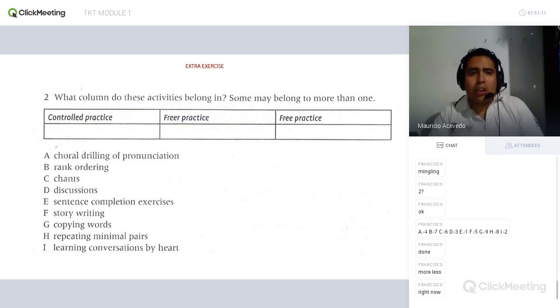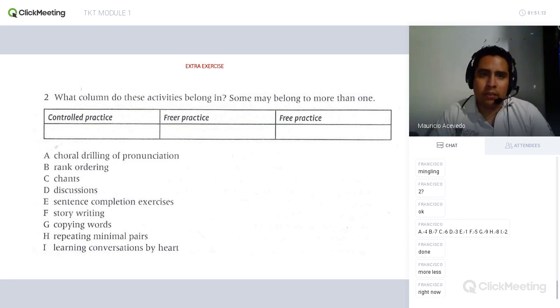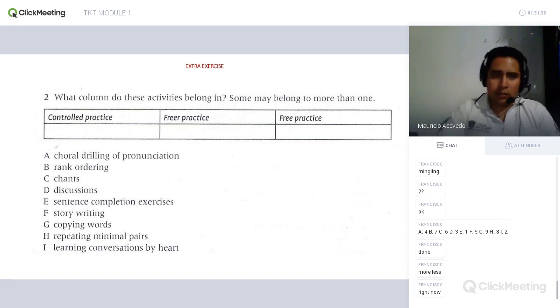So here we have: what column do these activities belong in? Some may belong to more than one. Maybe that will depend on the situation. We have controlled, freer practice. Remember that it's partial free, partial control, and free practice. Francisco, we're going to do it together this time. Choral drilling of pronunciation. What's your opinion? Control or freer or free activity?